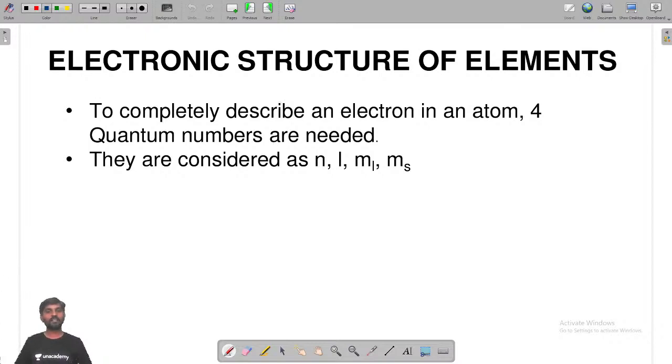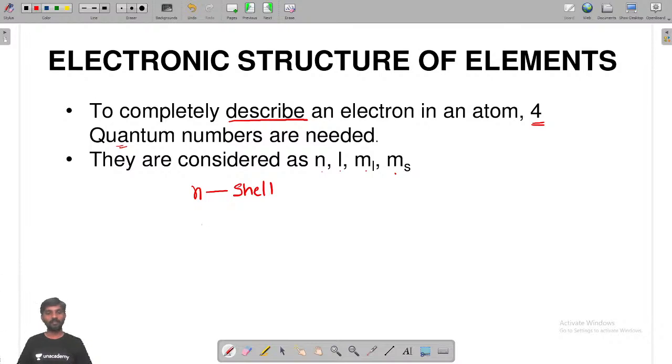Similarly, to describe an electron, you need 4 quantum numbers. What are they? They are described as N, L, ML and MS. N stands for the shell, in which shell the electron is existing.